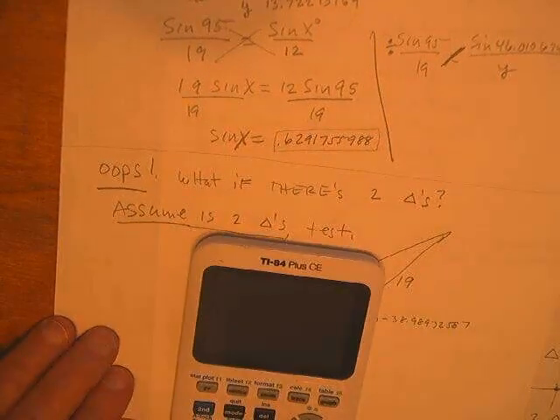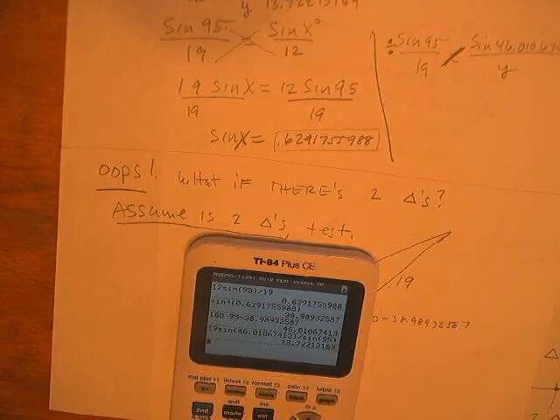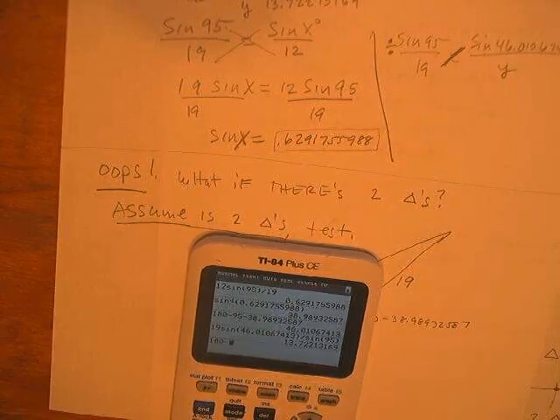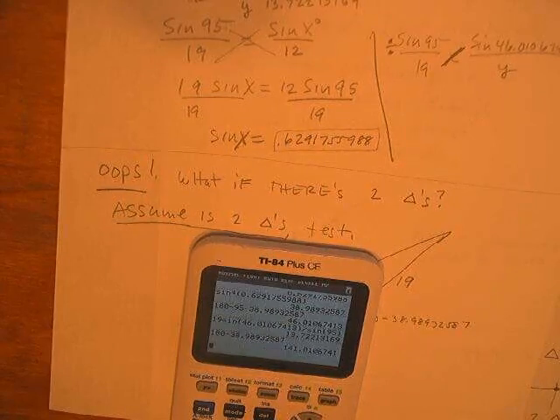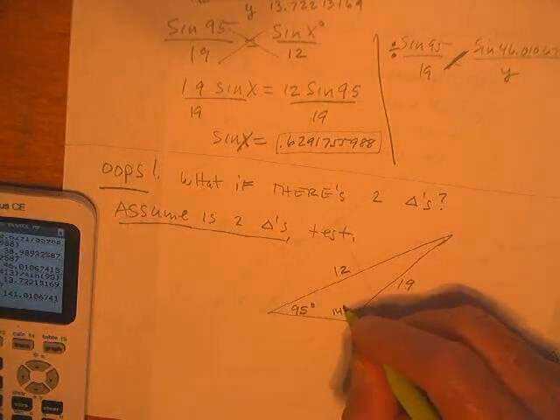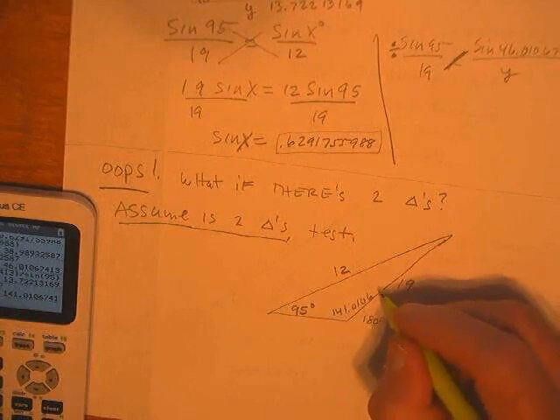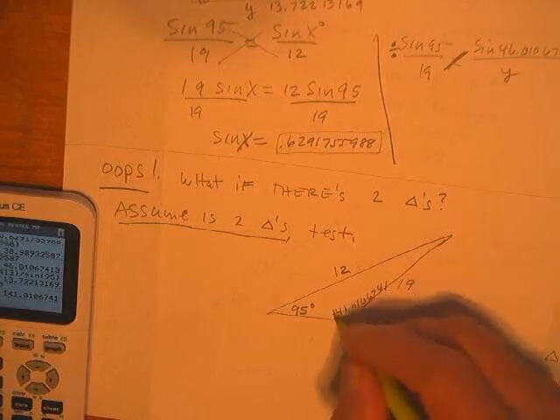And I don't want to have to type that, but look, it's already on my screen. There it is right there. So I just do 180 minus, I'm going to go up there and get it, 141. That would make this angle 141, or 106.741.